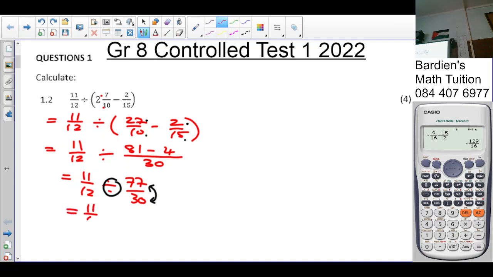So it's 11 over 12 multiplied by 30 over 77. So 11 goes into 11 once, 77. 7 times 11. 6 goes into your 30, 5 times, 6 goes into the 12, 2 times. 1 times 5 is 5, 2 times 7 is 14. So 5 over 14 is the answer there.